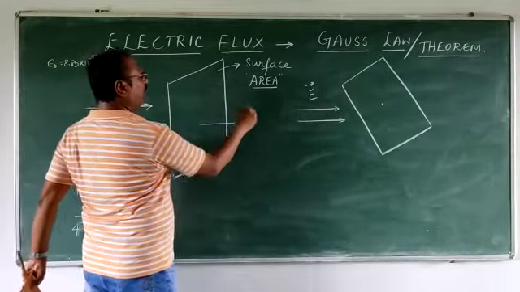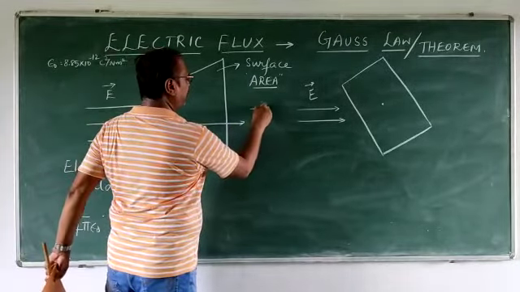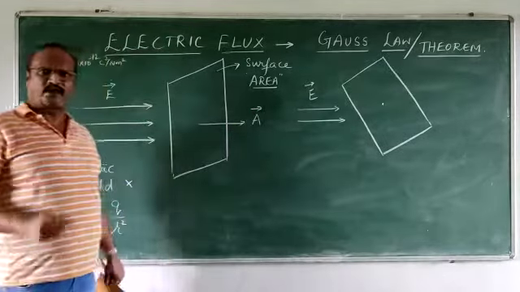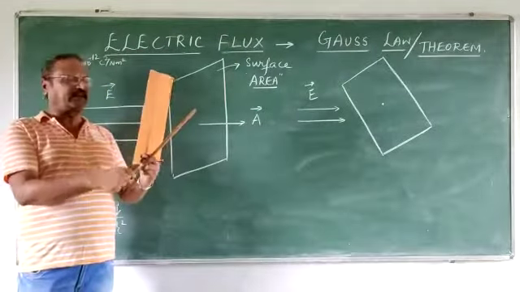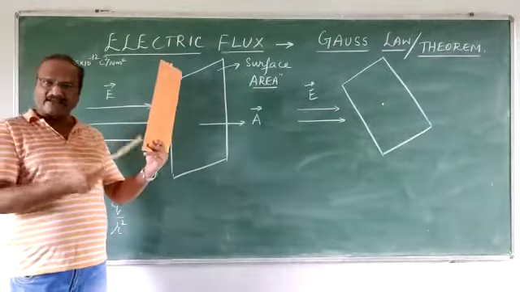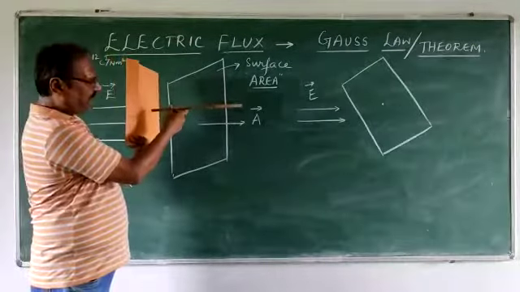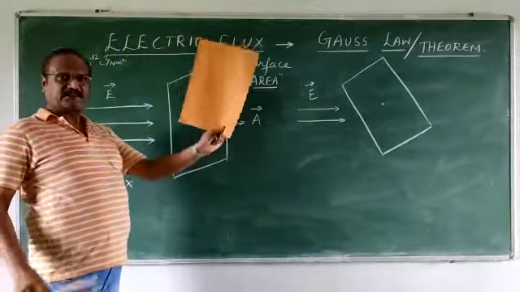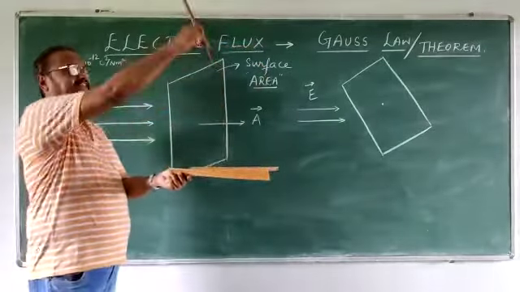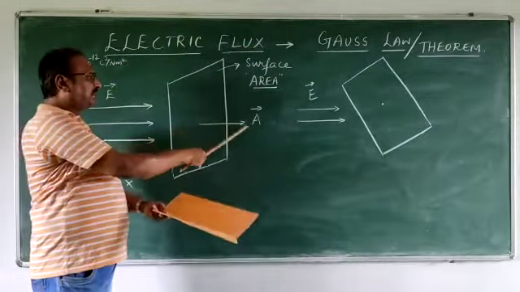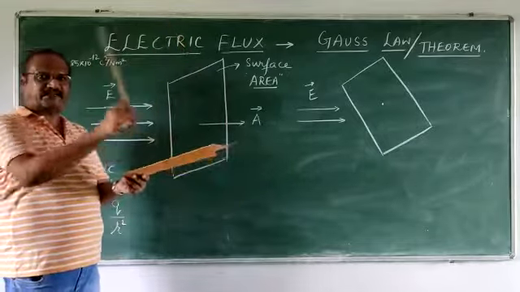Okay, and now we bring a concept called area vector. Now, what is area vector? Area vector is a line drawn perpendicular to the surface. Surface is there, perpendicular to the surface. This is called electric area vector. Area vector.